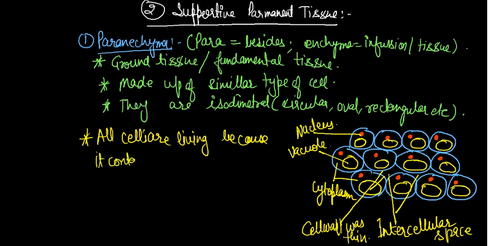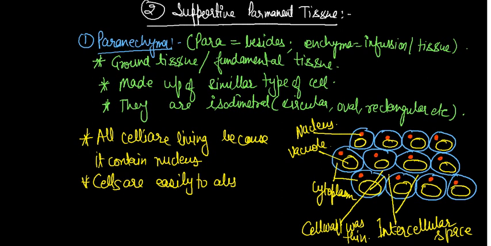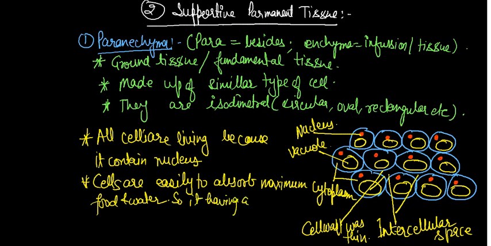Second point, cells easily absorb maximum food and water, so they have a large vacuole. Next, they have dense cytoplasm.